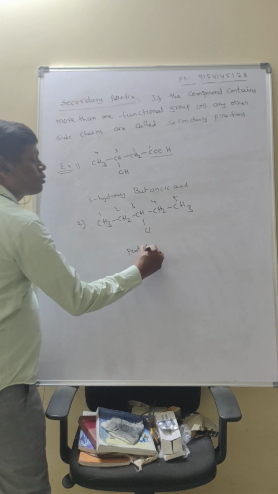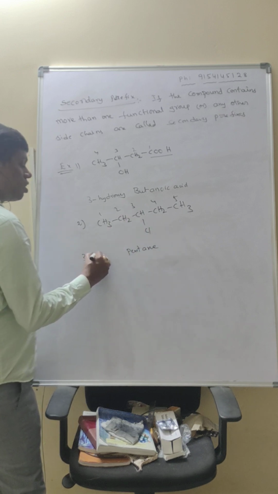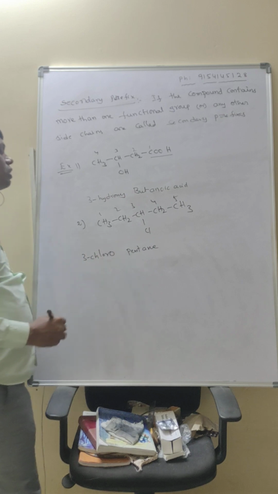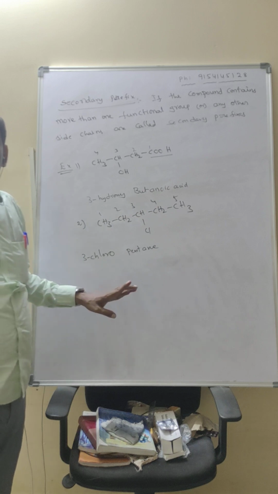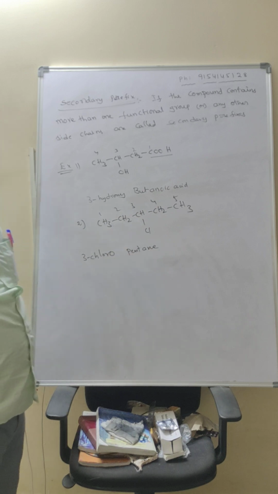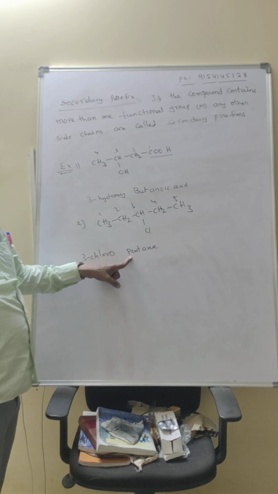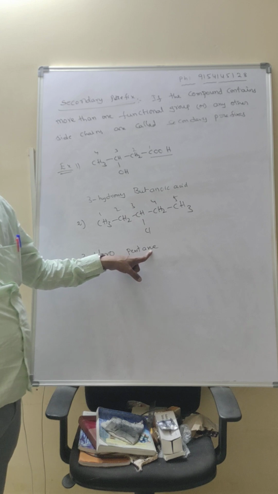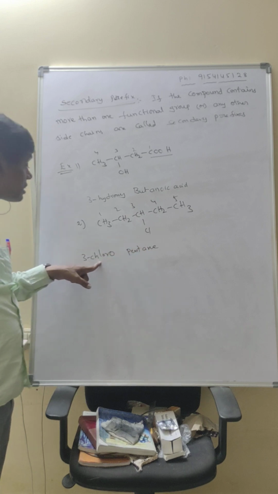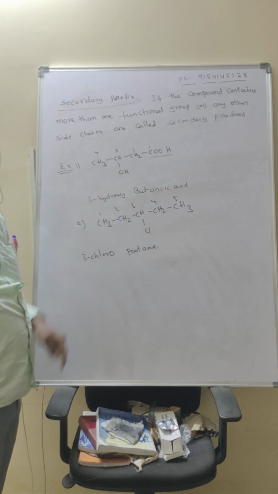All are single bonds means ane. Chlorine is at the third carbon, so 3-chloro. Its name is 3-chloropentane. This is the secondary prefix, this is the root word, this is the primary suffix. Secondary prefix position is 3.